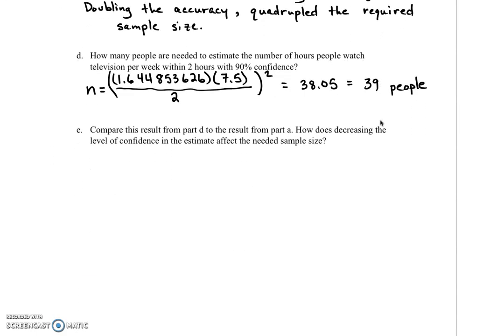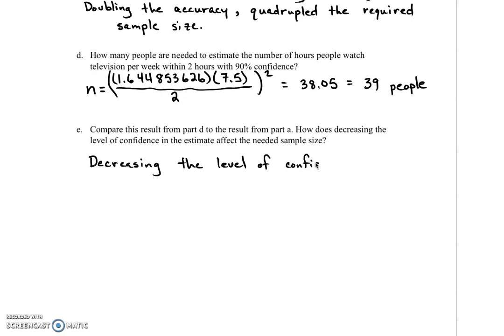When we decreased the confidence to 90%, we only needed 39 people. So decreasing the level of confidence decreases the required sample size.